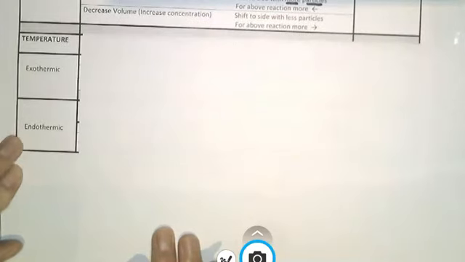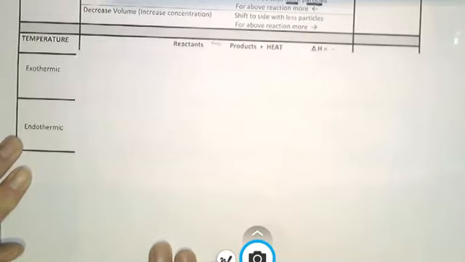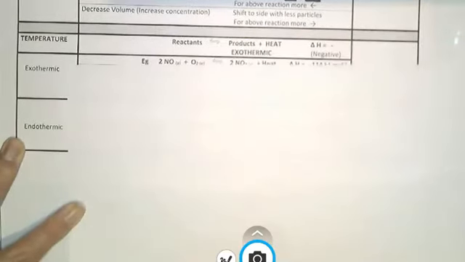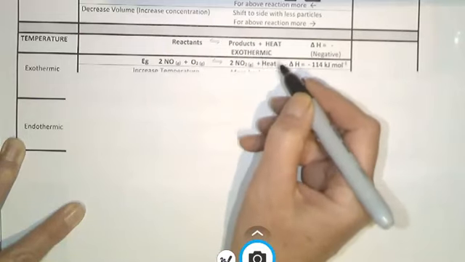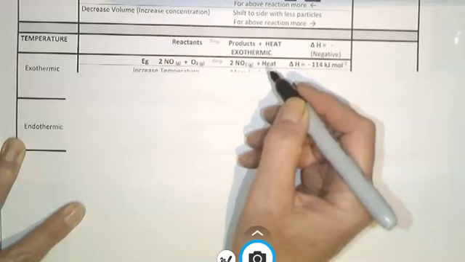So the other way of shifting the position is if you change the temperature. So we've got exothermic reactions and endothermic reactions. So we're looking at this particular reaction as our example, this one. So if it's exothermic, then heat is being produced. You really should write in the heat and then just treat it as if it's a reactant or product.